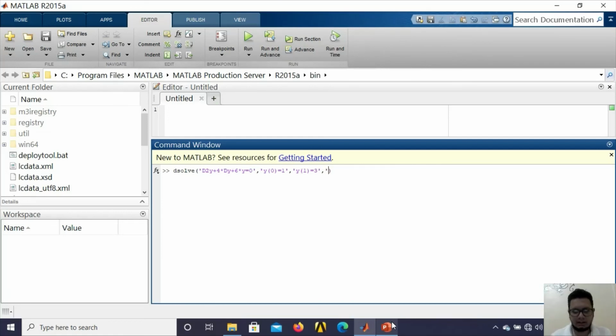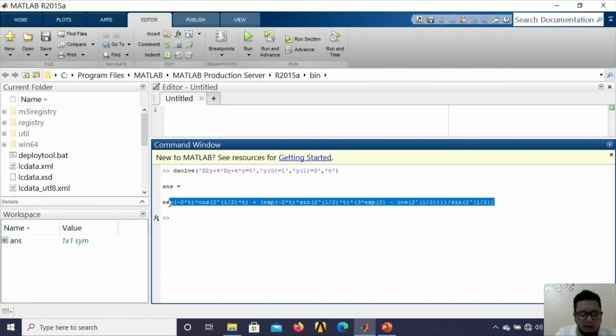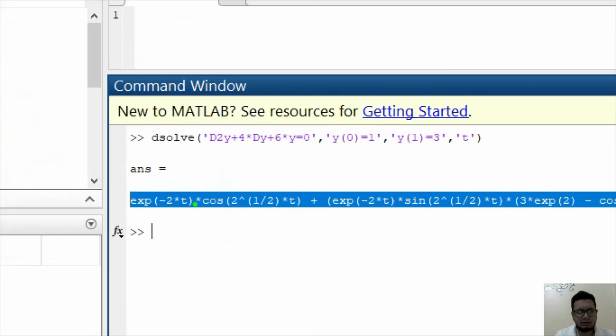Comma, then the independent variable, by default it is t. So enter. It's taking some time. This is the solution which represents how y is varying with respect to t.